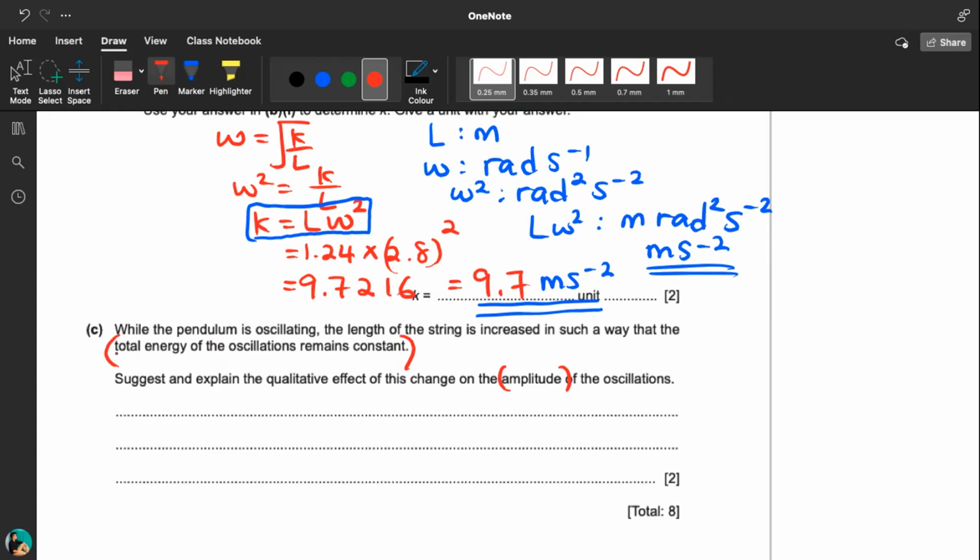So we will start with, here it says total energy of oscillation remains constant. Energy of the oscillation is half m v max squared. That's the total, when all the potential is converted to kinetic. And we know v max is amplitude times omega.